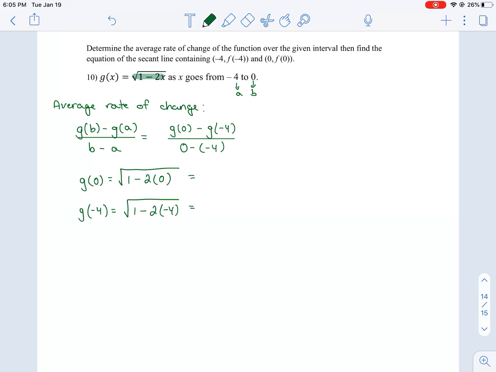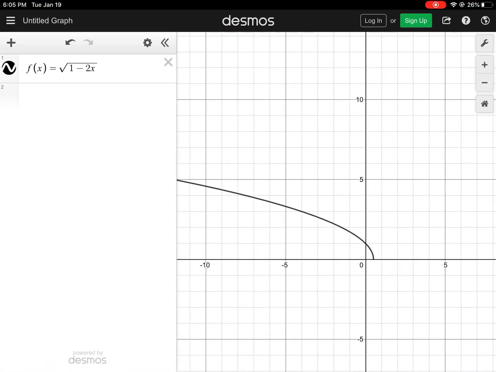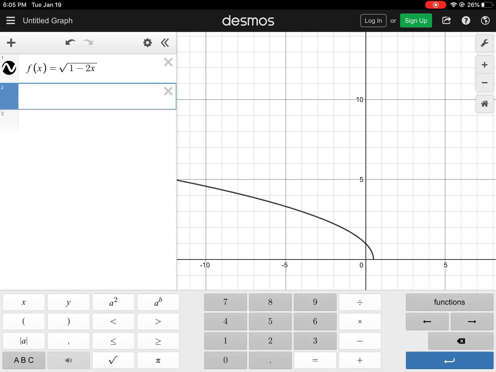And the first one's not that bad. It's going to be 1, because the square root of 1 minus 0 is just the square root of 1, and the square root of 1 is 1. The next one's going to be 3, but I'm going to show you how to do this in Desmos anyway. So I already have the function typed in.